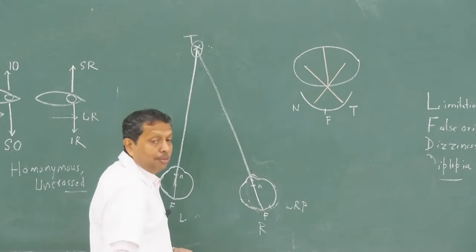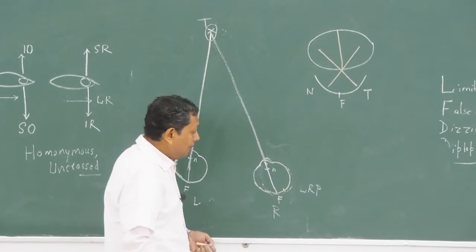Similarly, if there is medial rectus paralysis, it is opposite. In medial rectus paralysis, it is opposite.